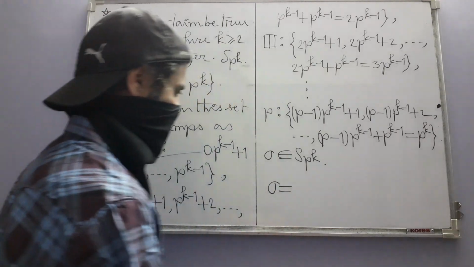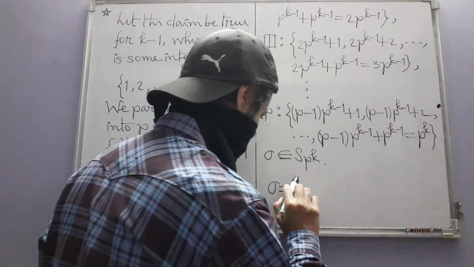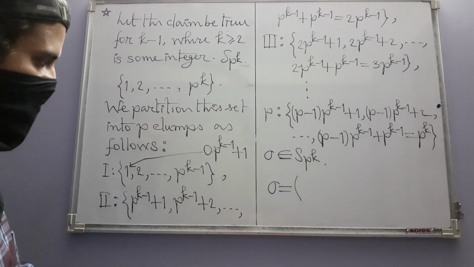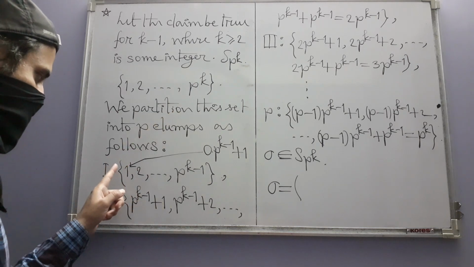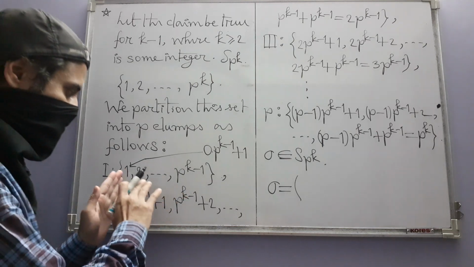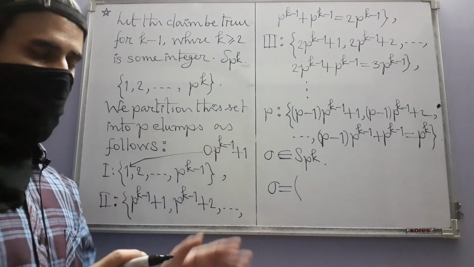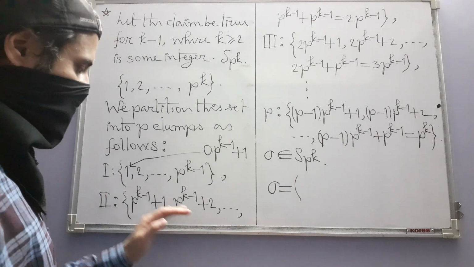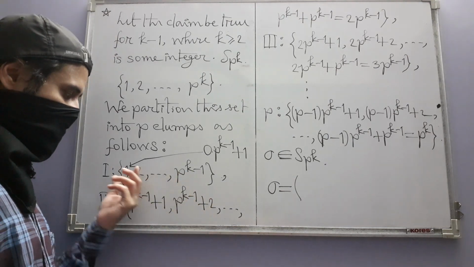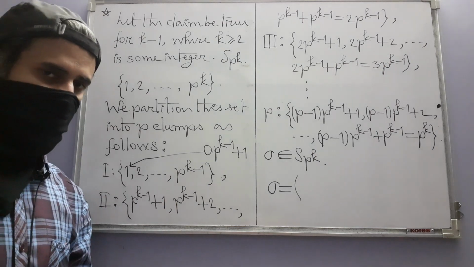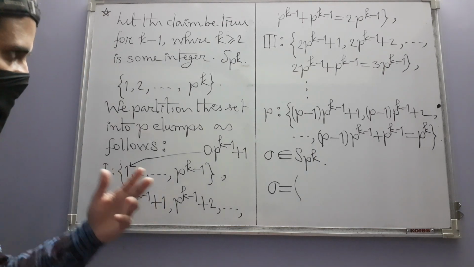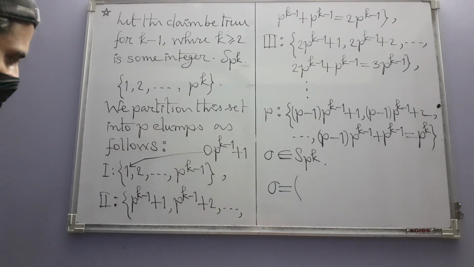Let me write the first cycle of sigma. So the first cycle of sigma is going to have the first elements. I know that these are sets, so in a set there is no first element or anything like that. But the way we have written them, there is a first element, a second element in each clump. So we are now going to use the first elements of all the clumps to write sigma.